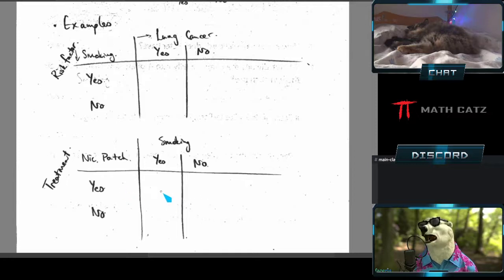And the nicotine patch might cause, or not, might cause, might not cause, but I want to investigate a connection between wearing a nicotine patch and still smoking after a while, or measuring the urge for smoking, or some measurement of the smoking outcome, yes or no. And then I can say, yes, there is a connection.